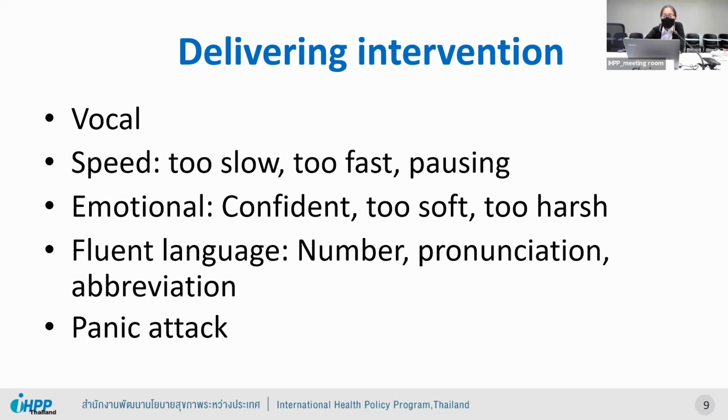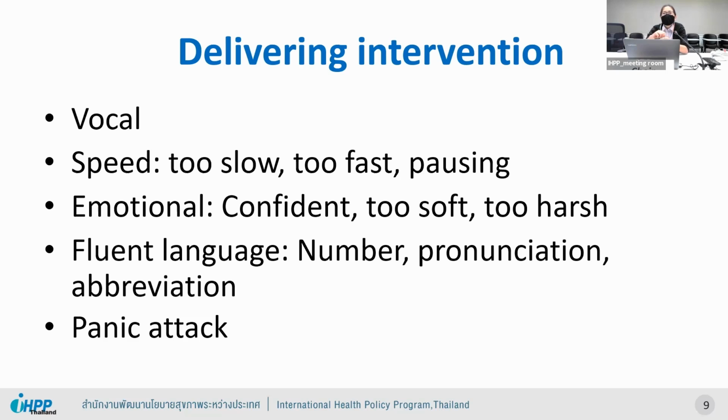There was a time that I had to deliver the intervention at the regional committee meeting. And in that intervention, it said that Thailand would like to contribute an amount of money to the regional office. And what I had to do is write how to pronounce that in Thai to make sure that I could read it correctly.